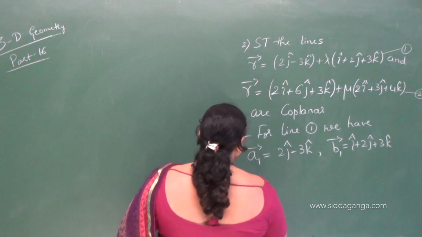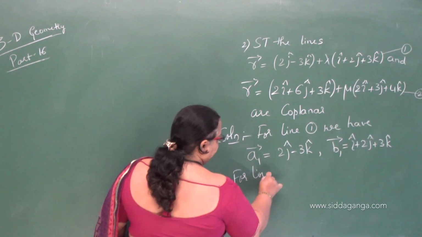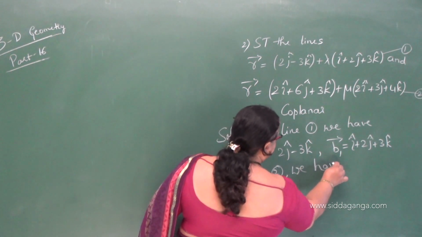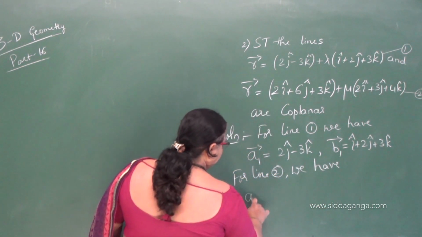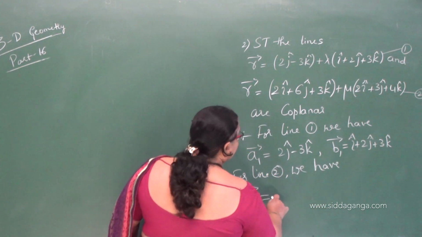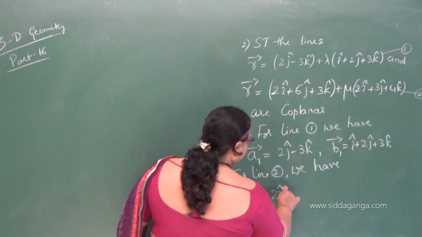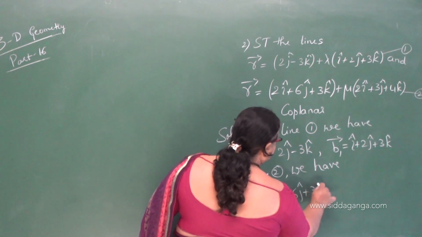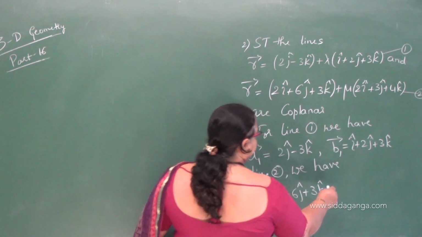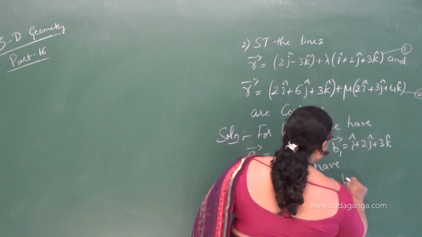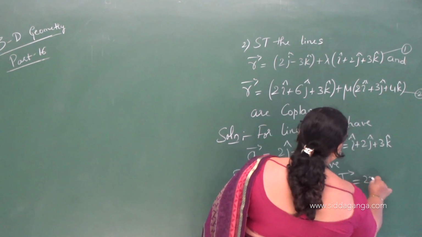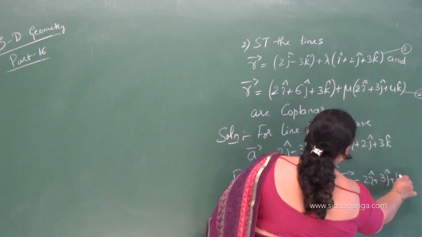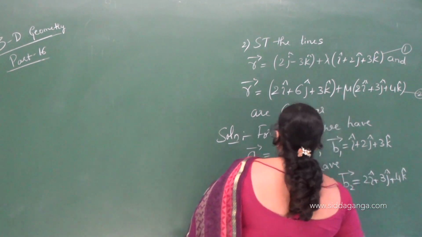For the second line, line 2, we have vector A2 equal to 2i cap plus 6j cap plus 3k cap, and vector B2 equal to 2i cap plus 3j cap plus 4k cap.